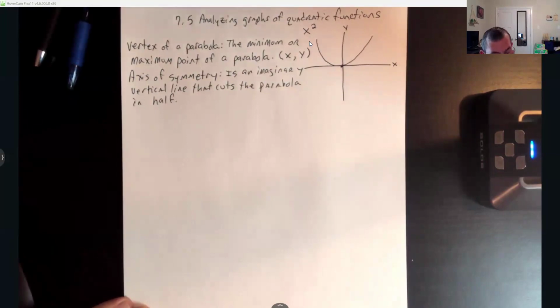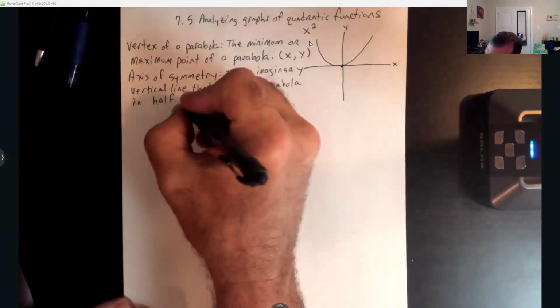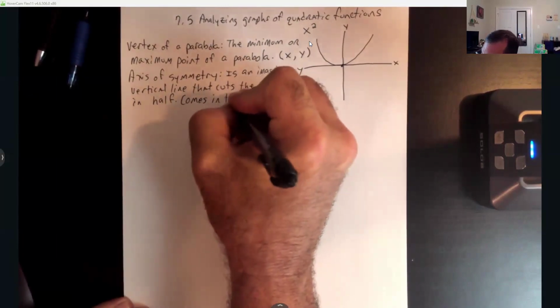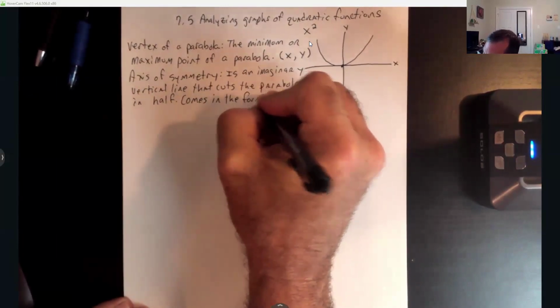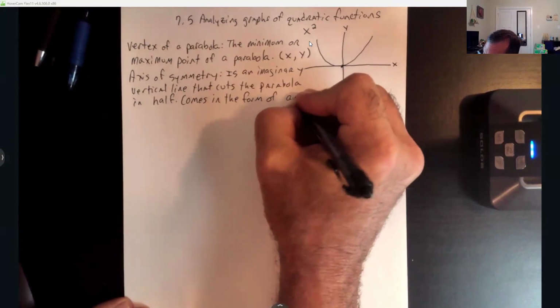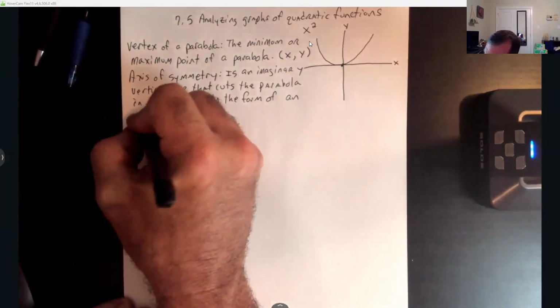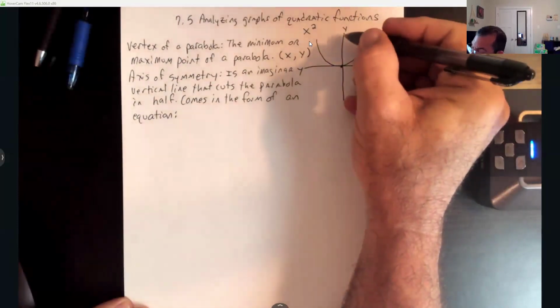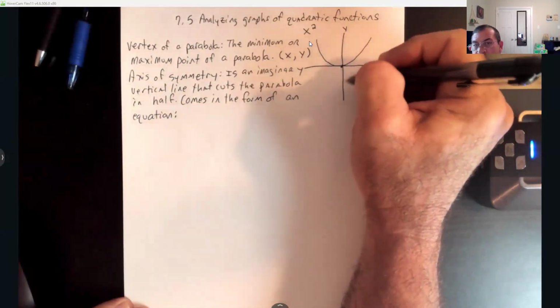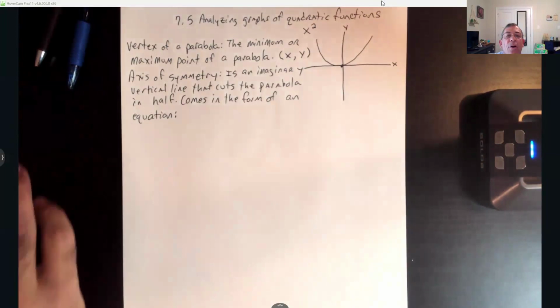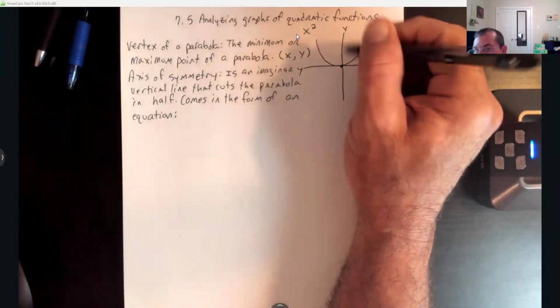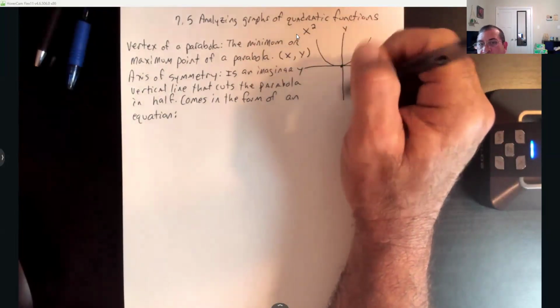Now, the axis of symmetry comes in the form of an equation. Now, remember, since it's an imaginary vertical line that's cutting our parabola in half, it's going to be an x value, okay?